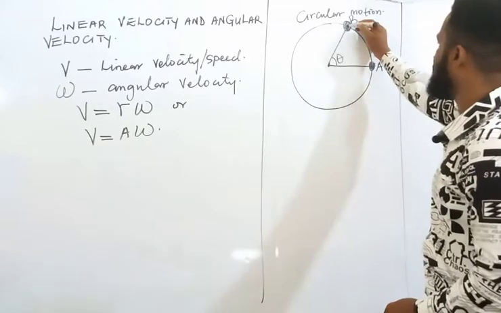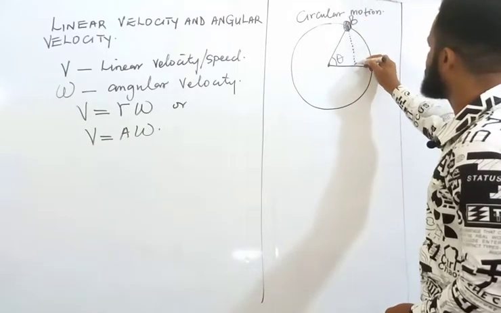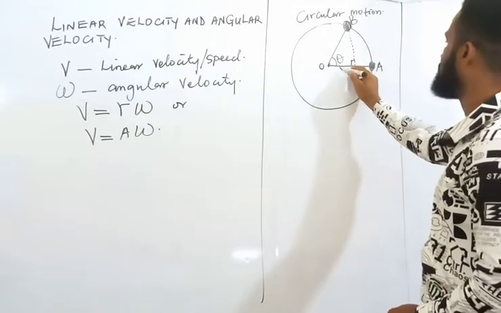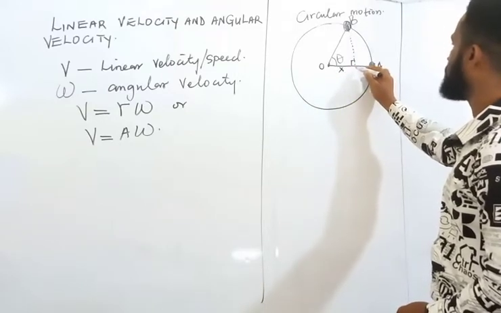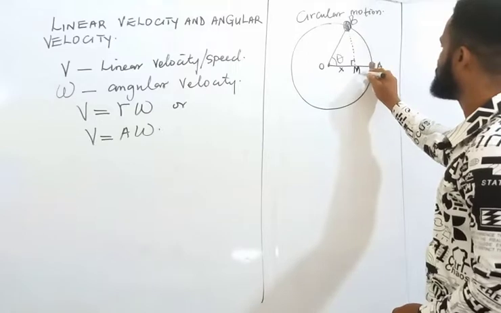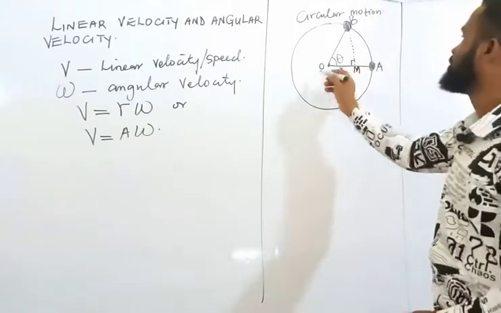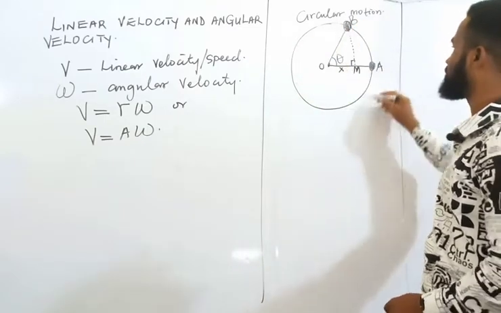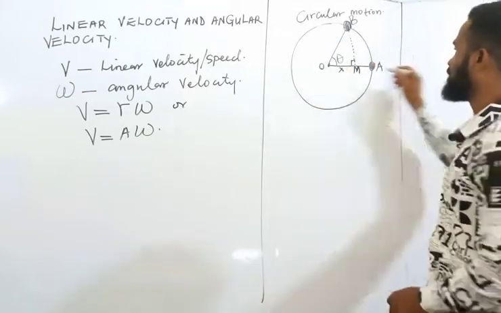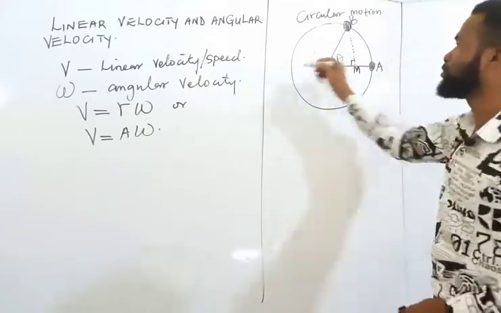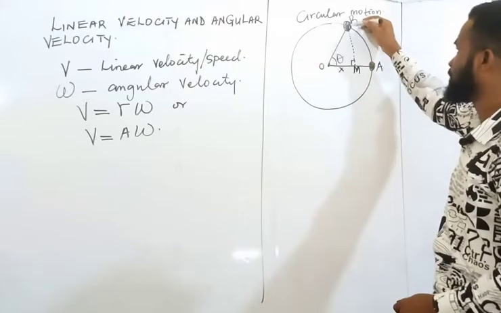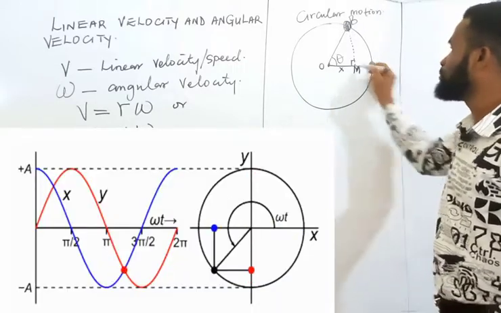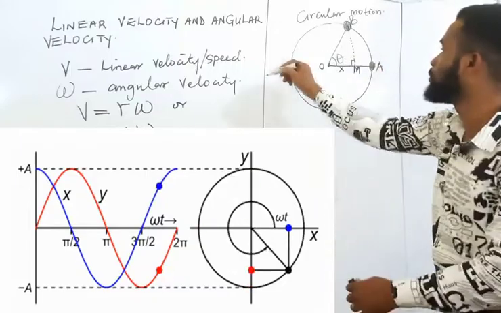Now, if I drop down a vector and form this triangle, this is center O, I can call this P, and let's say this point M. For this body, this particular position P, as it is moving around the circle, this position M is also moving like this, which is simple harmonic motion, to and fro, to and fro, to and fro.